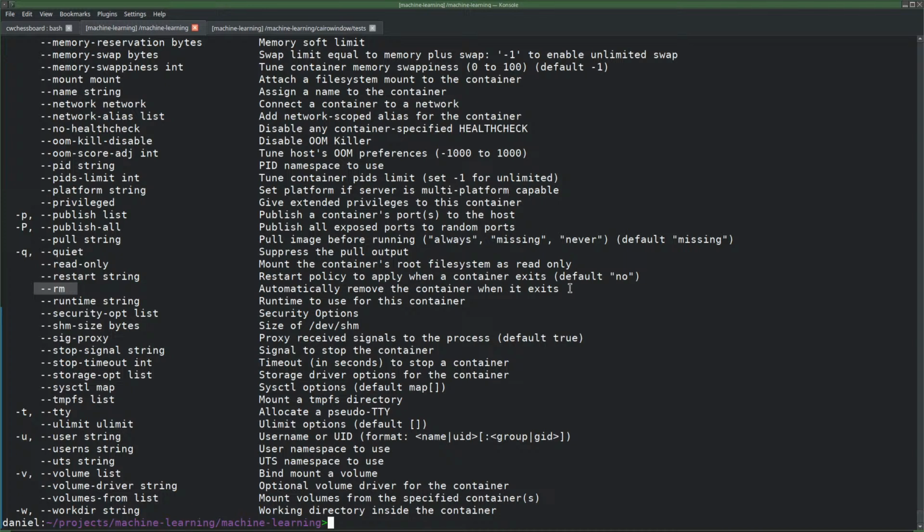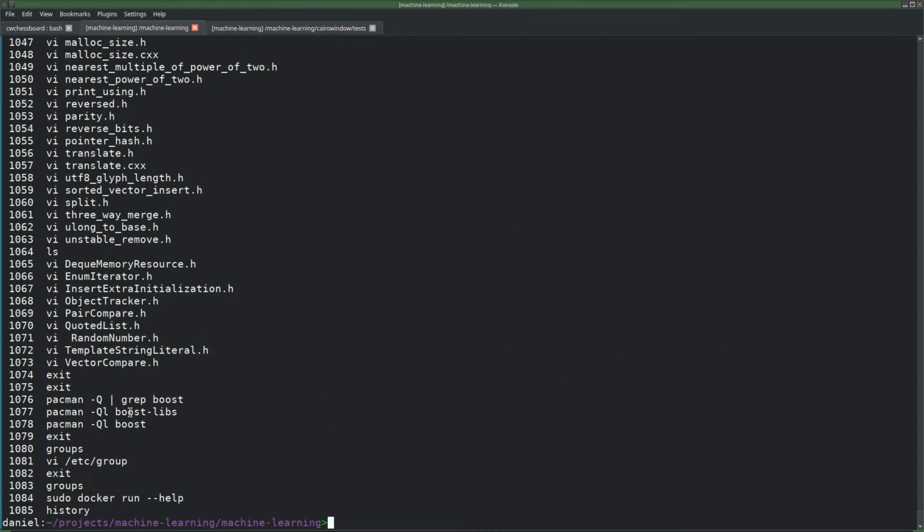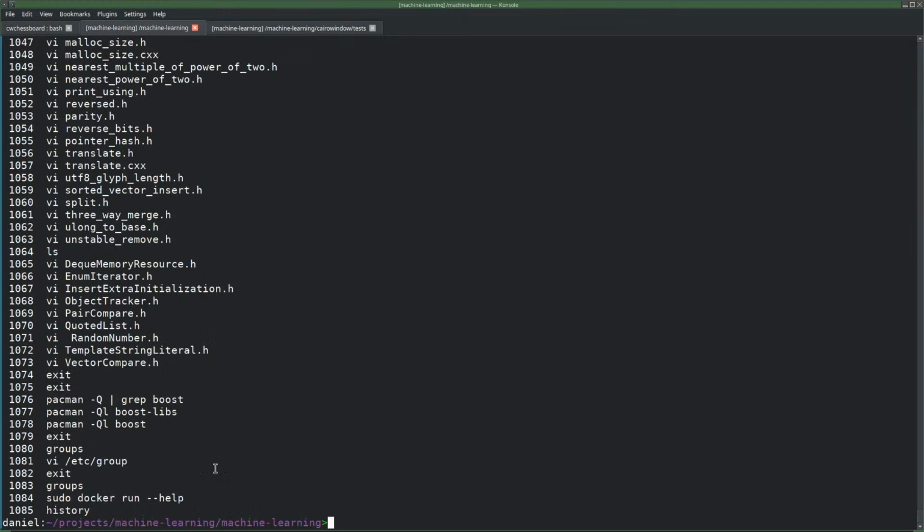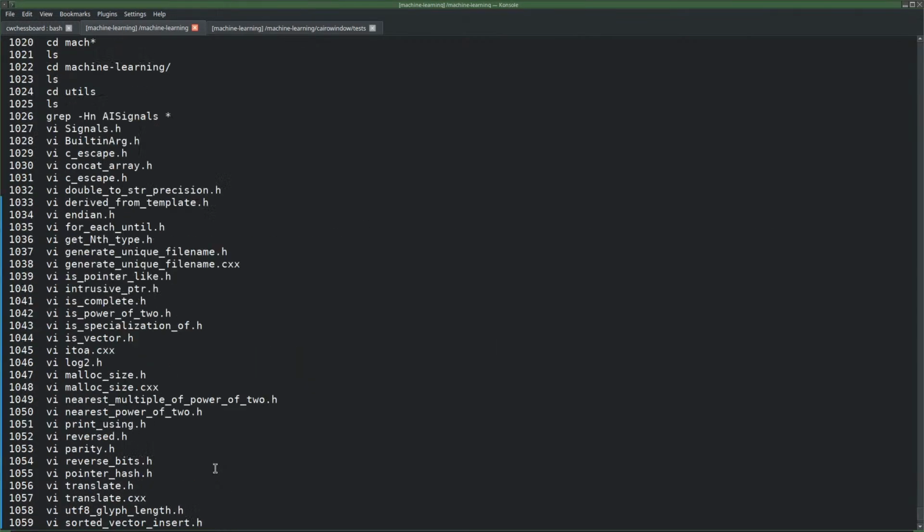Automatically remove container when it exits. I like that. Where is it? Docker. Why are there so many vi entries here and no Docker?